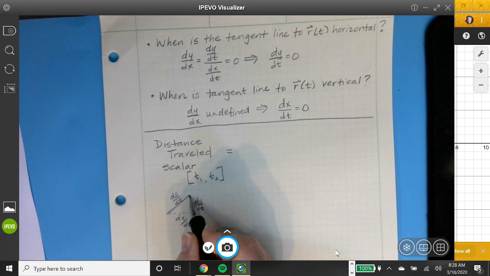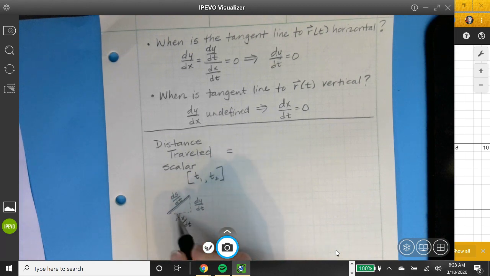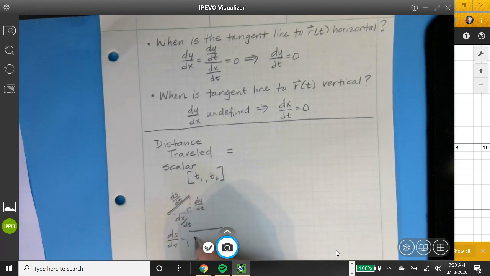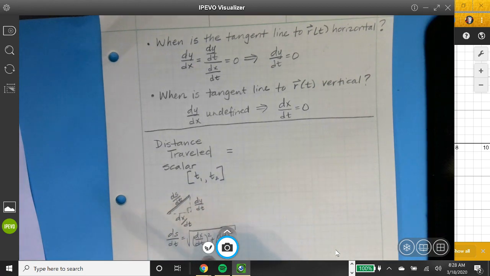How far I have gone is how far I went in the x direction and the y direction, using Pythagoras, right? I can say that ds/dt is equal to the square root of, because it's a right triangle, (dx/dt) squared plus (dy/dt) squared. And I ask you, why does that look familiar? Where have we seen this before?